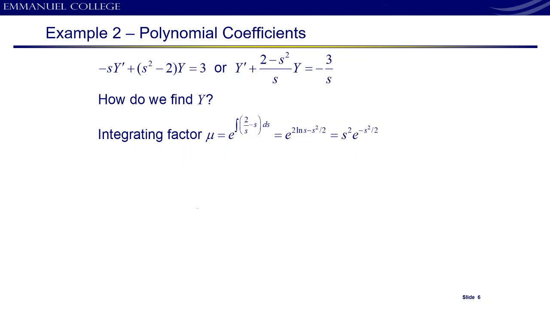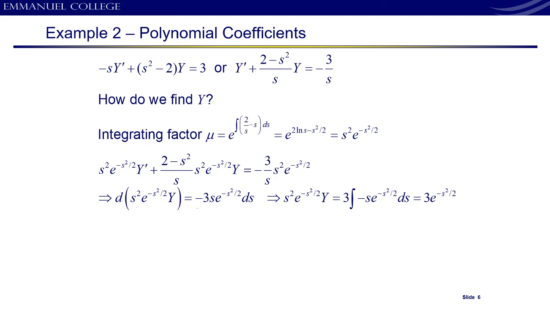Now, in this case, it's easier just to do the integrating factor of 2 over s minus s, which is not the nicest thing in the world. But remember, the whole point was to make it easier to deal with. So now we multiply this to every term. We now have our differentials, and then we can do our integration.